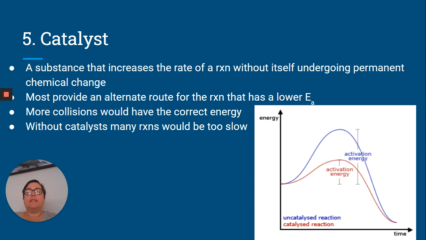All right, catalyst. If you use a catalyst, that is going to just give it a different pathway. So in our graph that we have, our potential energy diagrams, this blue curve at the top here would represent a non-catalyst reaction, and then the red is the same reaction but with a catalyst.